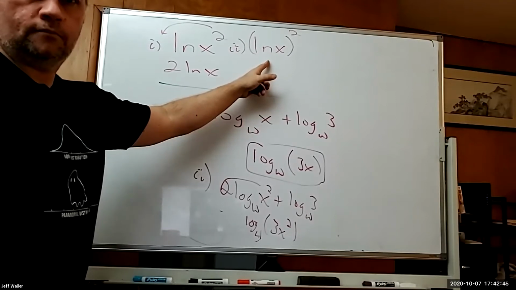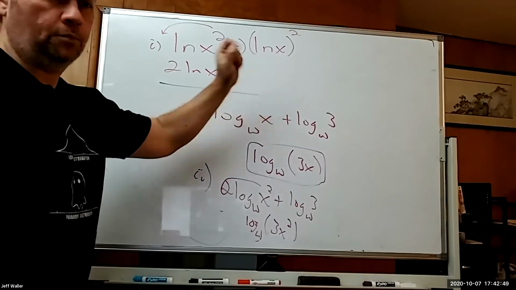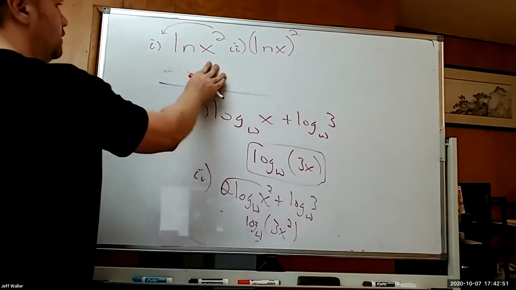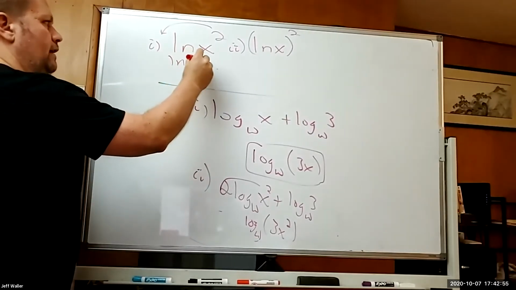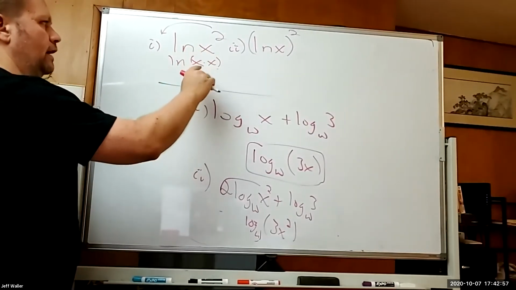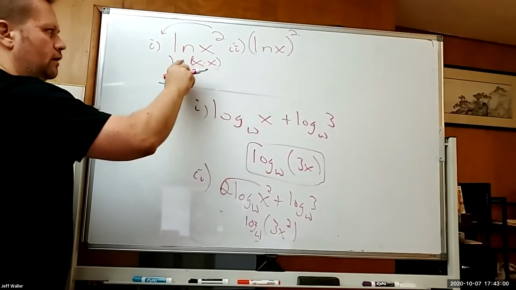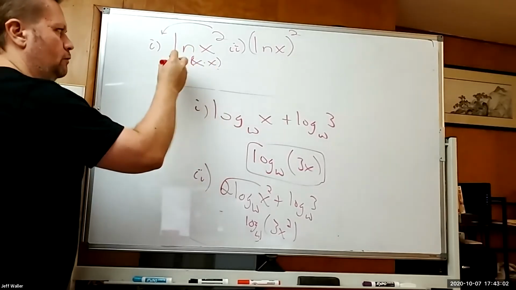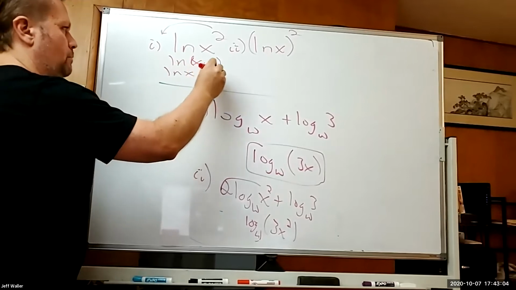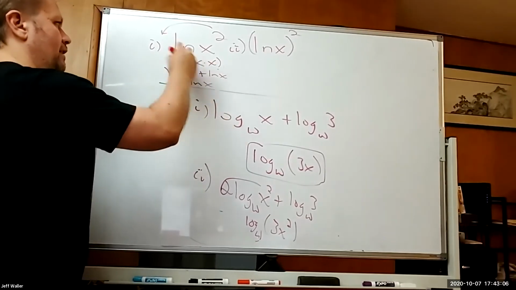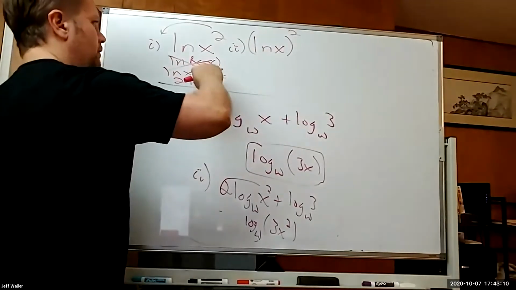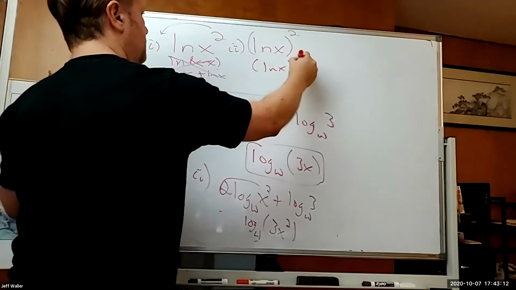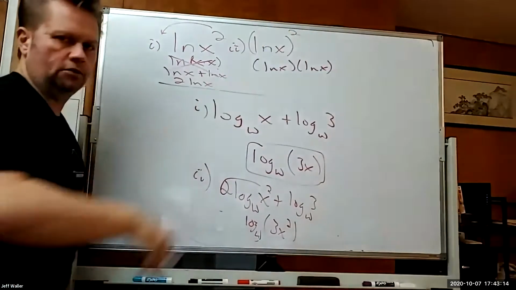Would it be natural log of x plus natural log of x? Nope. So remember, why does this work? Because this is natural log of x times x, right? And I have a property for the log of a product, which is I sum them up, which leads to 2 of these, which led to the shortcut. So that is a shortcut. That is not what this is. This is natural log of x times natural log of x. There isn't anything I can do with that, right?